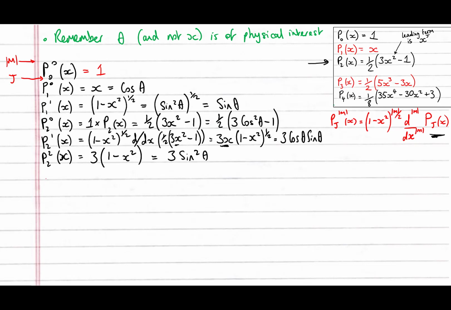Next up is we cycle through all the m values up to j equals 2. So the next one is we go back to j equals 3 and we start with m equals 0. That will turn out to be simply our P3 term.